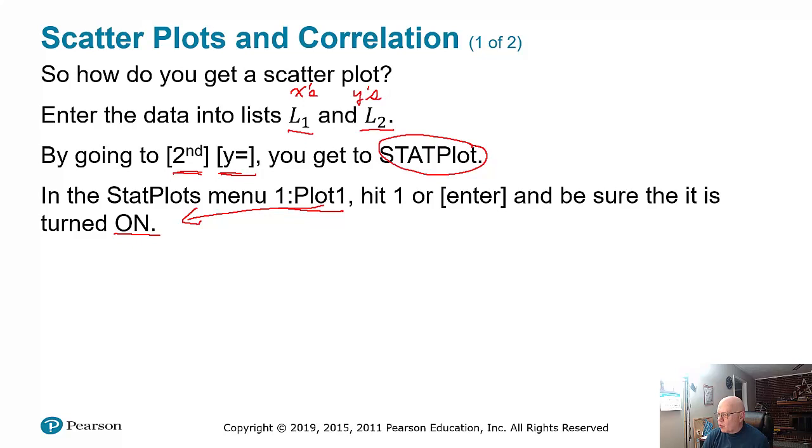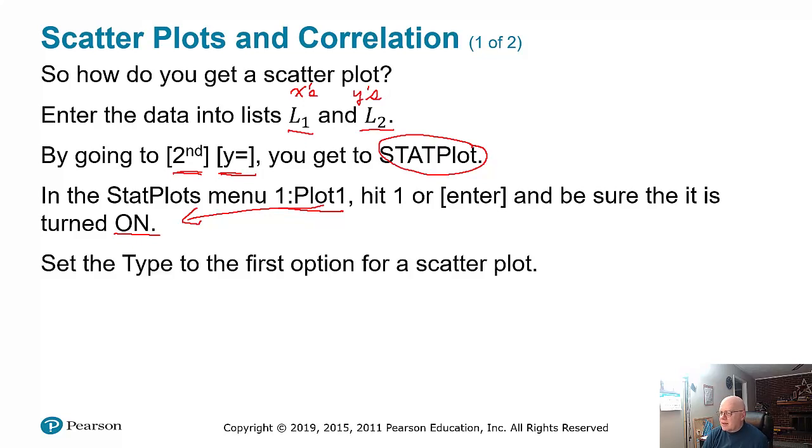All you have to do is hit 1 or enter and you'll be right there. Set the type of graph to the first option. Now, if you look real carefully, the first option looks something like that, and it's supposed to represent a scatter plot. Anyway, it's the first one. That's all you need to know.